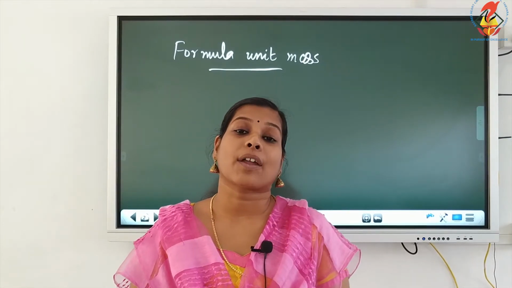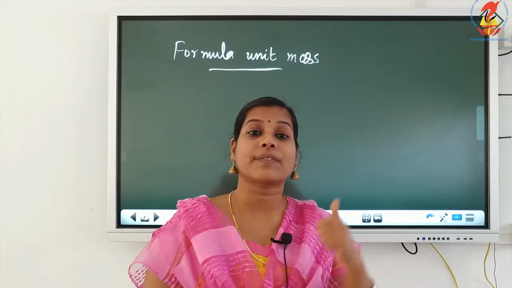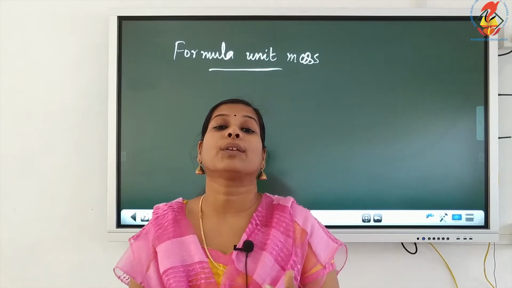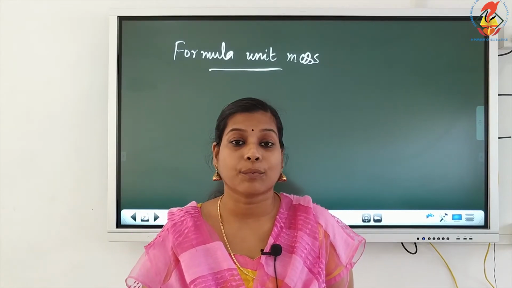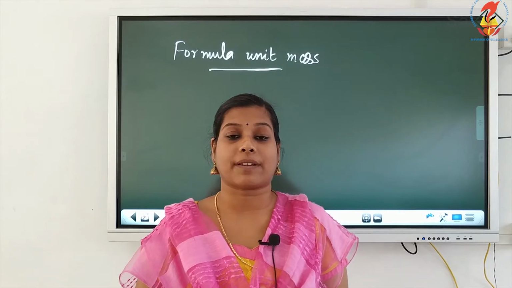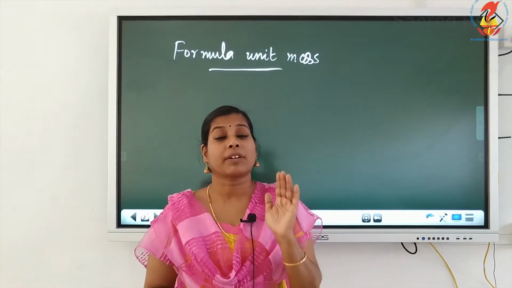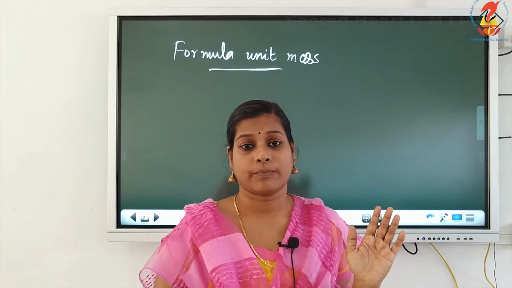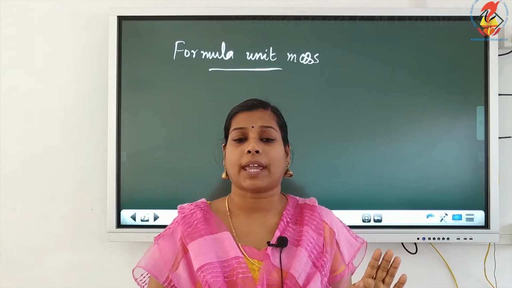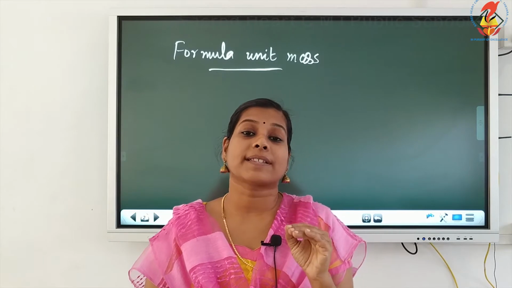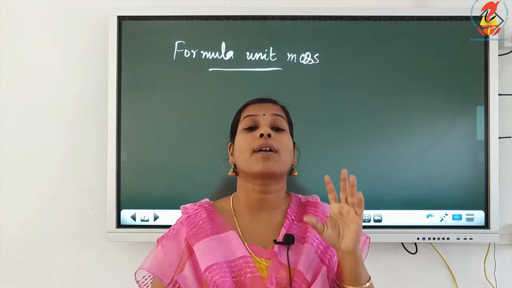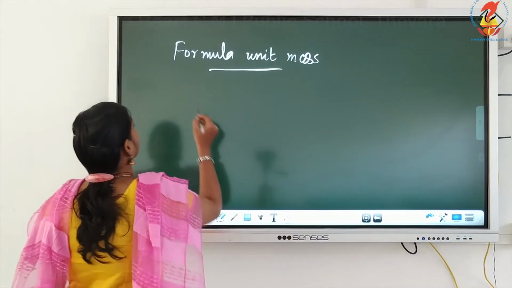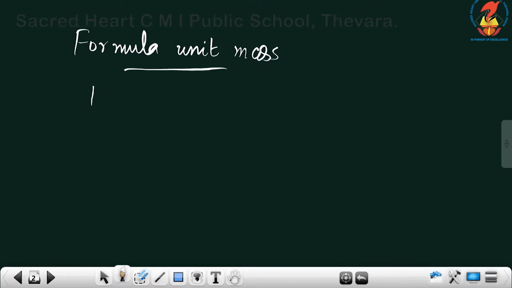For ionic compounds, instead of molecular mass, we use the term formula unit mass. That is the only difference; the calculation is the same as for molecular mass.